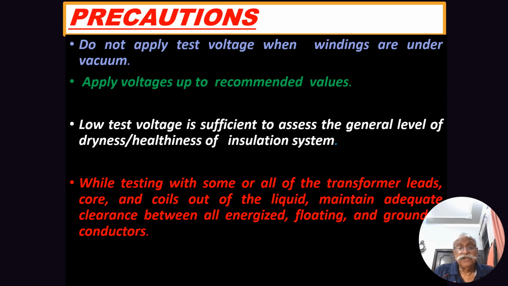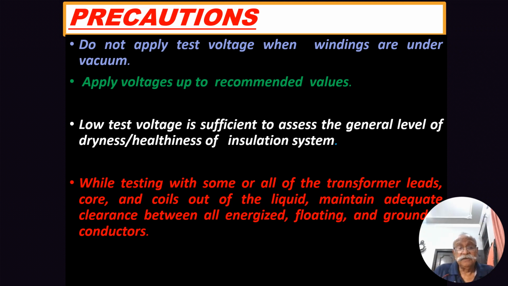Apply voltage up to the recommended values. The recommended value for a 220 kV or 400 kV transformer is 10 kV. For a transformer of 132 kV, the recommended values are less than 10 kV. Then a low test voltage is sufficient to assess the general level of dryness and healthiness of the insulation system.